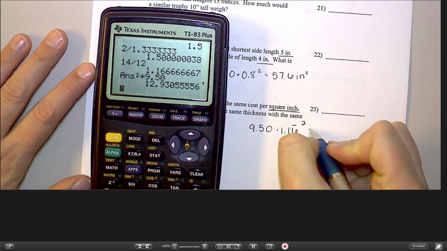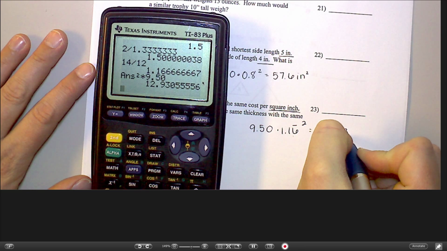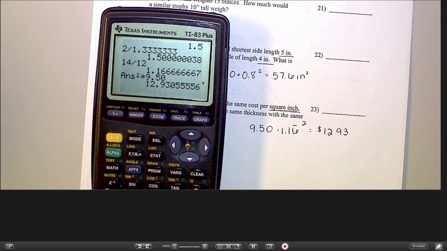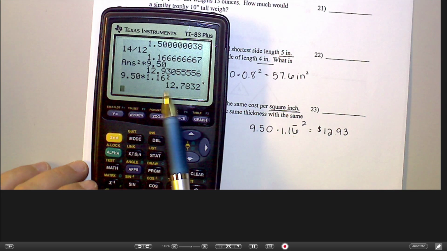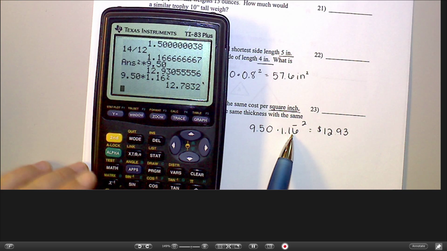Yep, and you get $12.93. If you just did 950 times 1.16 squared, you get like 1278. If I saw that number, I would know that you did it right. You just rounded that too early. Is that making sense?